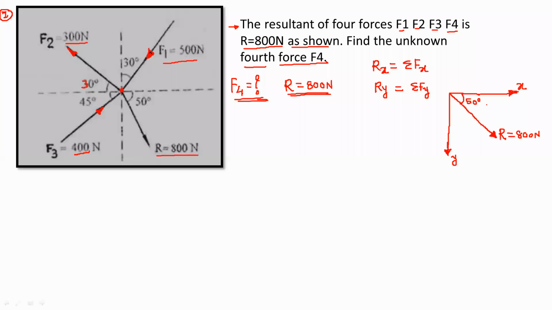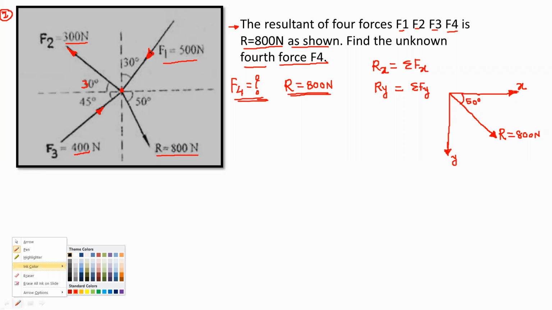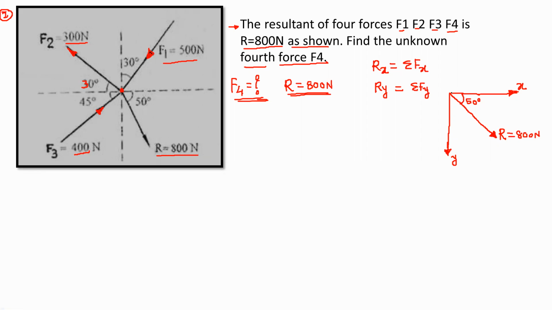If I resolve this resultant along the x direction and along the y direction, then the x component of resultant will be Rx, and this component will be Ry. So Rx is nothing but the summation of Fx, and this Ry is nothing but the summation of Fy.